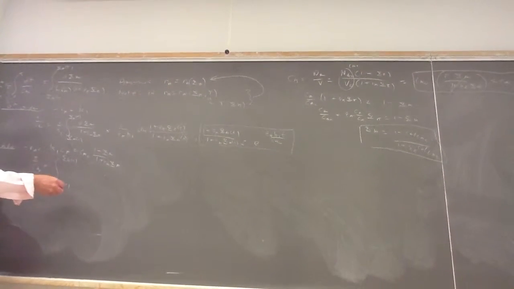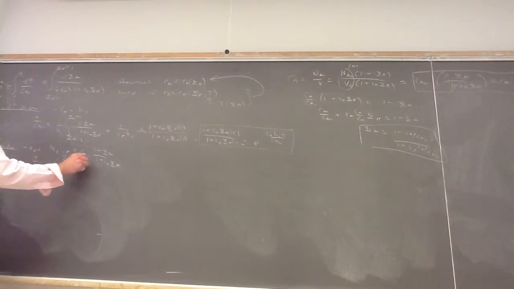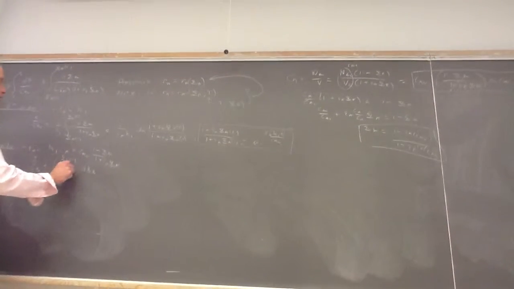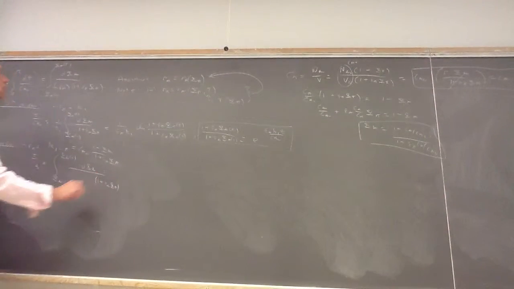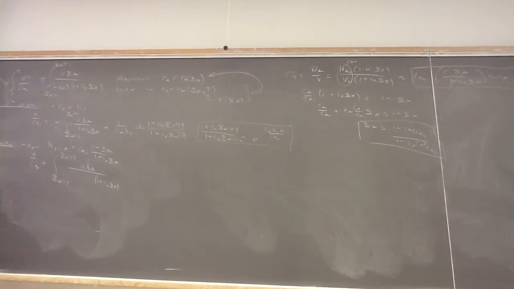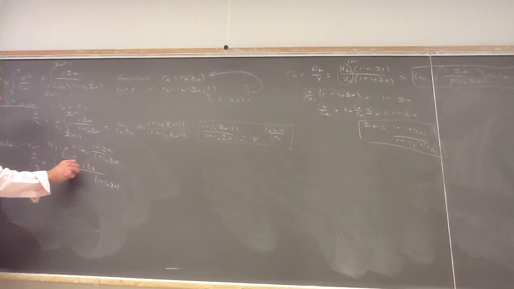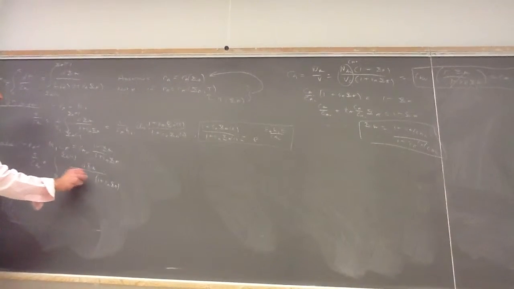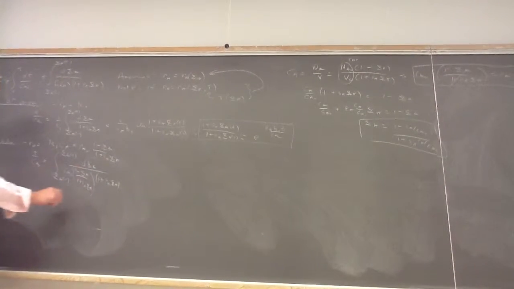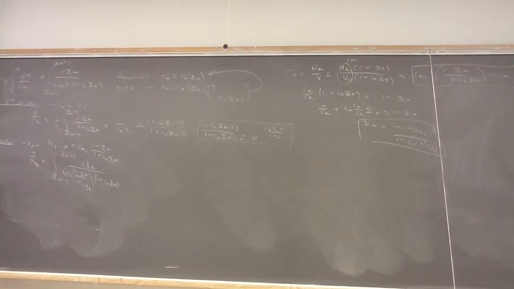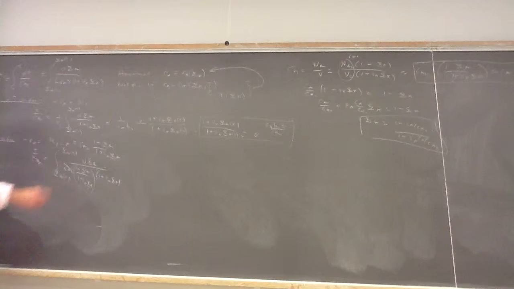So let's see what happens here. Here I've got dXA over 1 plus epsilon A XA times minus RA. Minus RA is CA0, 1 minus XA over 1 plus epsilon A XA. And notice the CA0s cancel out, as promised. In first order reactions, they always cancel out.